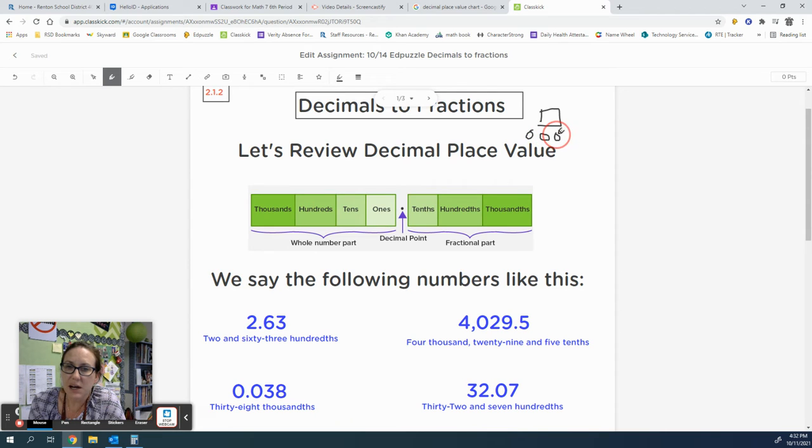So if we have dimes, each one of those is 1/10 of a dollar. 1, 2, 3, 4, 5, 6, 7, 8, 9, 10. So instead of having a dollar bill, we might have 10 dimes. We still have a dollar, but now it's broken up into 10 equal parts. So if we only have 9 of those, then we have 90 cents, right?